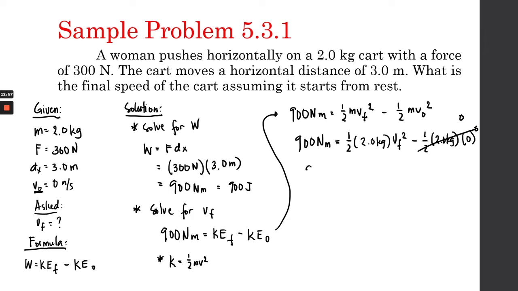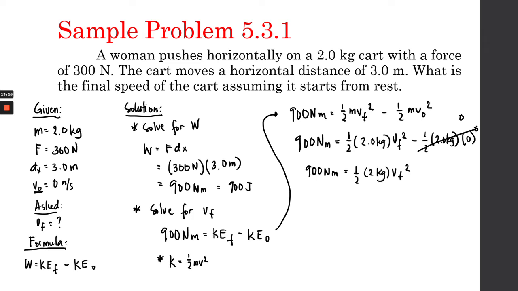So we're going to end up having 900 Newton meters is equals to 1 half times 2 kg times VF squared. Not kg, this should be 2 kg.